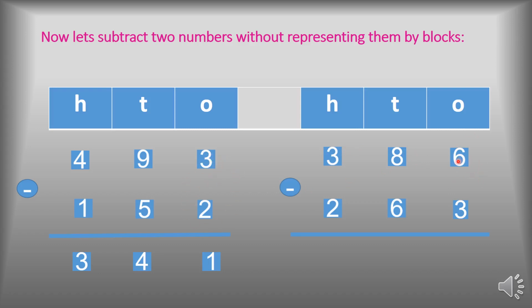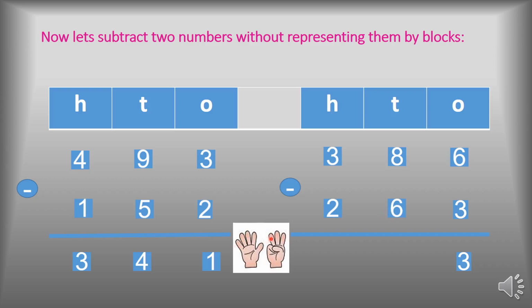I will put 6 fingers on my hand and close 3 of them: 1, 2, 3. The remaining fingers are 1, 2, 3. In the tens digit, I will put 8 fingers on my hand and close 6 of them: 1, 2, 3, 4, 5, 6.